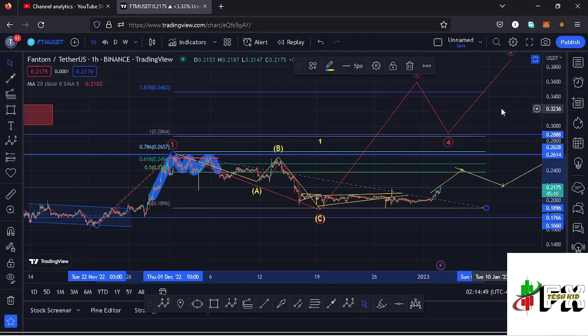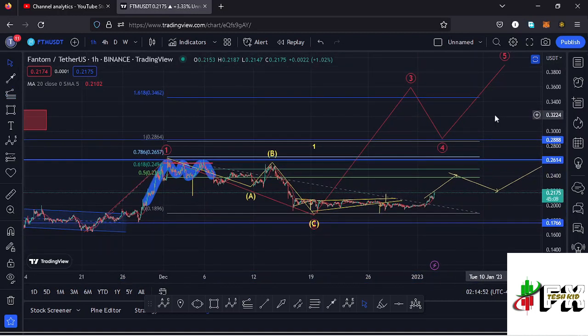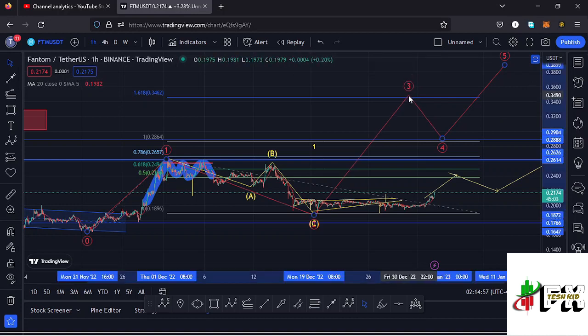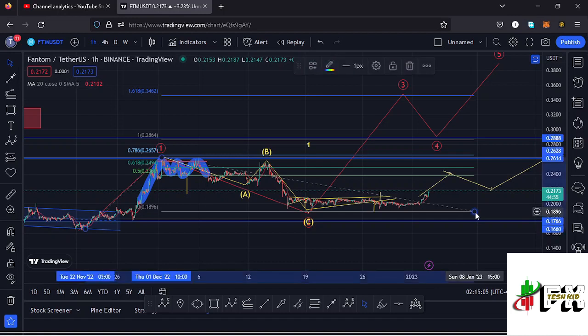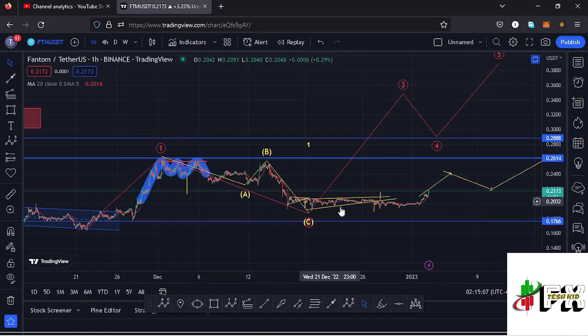That gives me a minimum target area to the upside in the formation of that wave 3 at the fib level 1.618, and that lies at around the $0.3462 mark, and that is the short-term target area that I'm expecting Fantom to do next once we see a breakout out of this consolidation that we have been seeing after seeing the low for that higher Elliott wave count 2, which is right here.